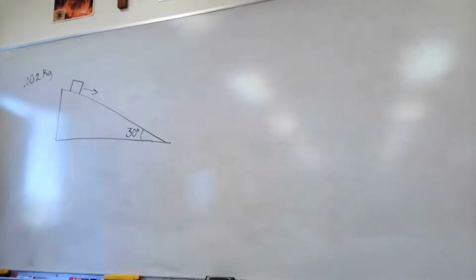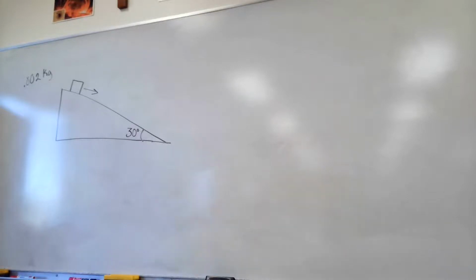And I want to look at what is the acceleration of this box. Where would our acceleration be coming from? Any ideas? Gravity. Gravity, okay? The only force that's probably acting on this box, because we said friction is not a thing, is gravity, right?